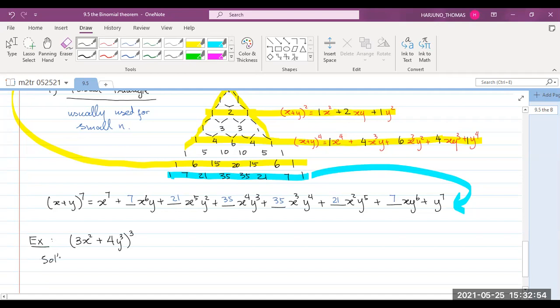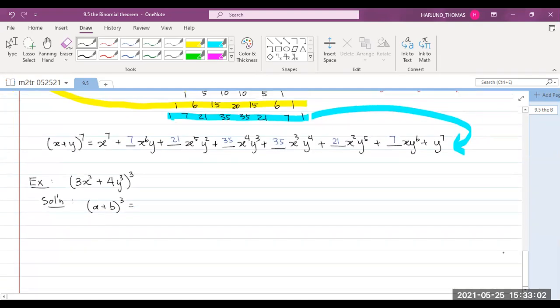Solution. I will start with a plus b to the power of 3. I want to get the parent, and then later on I substitute the a and the b. This is a cubed plus 3a squared b plus 3ab squared plus b cubed. How do you get that?